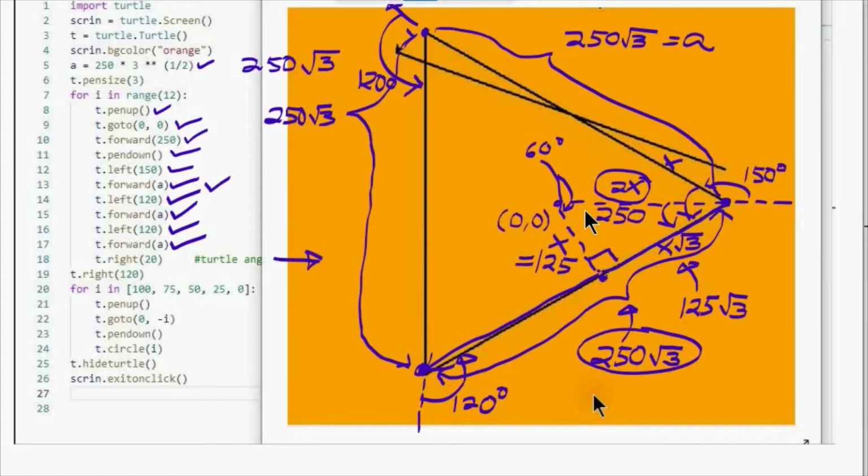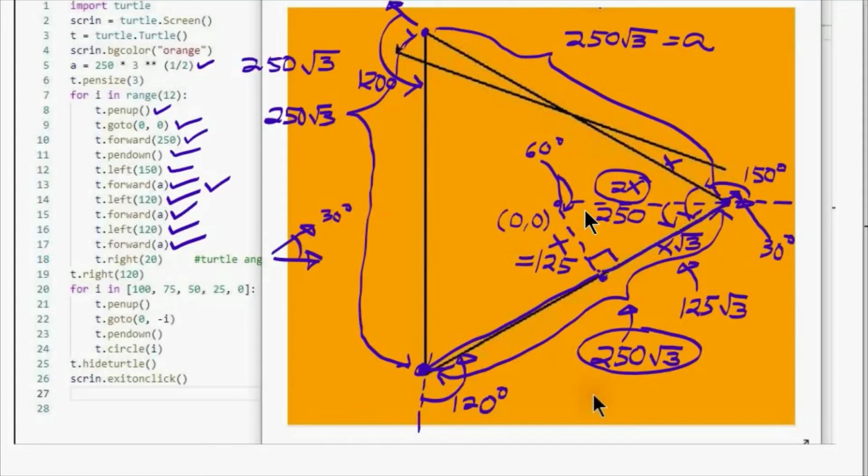But at this point, the last orientation of the turtle is like this. This is the last orientation. Now, this last orientation of the turtle, this is actually 30 degrees. Now we want that to be like this.